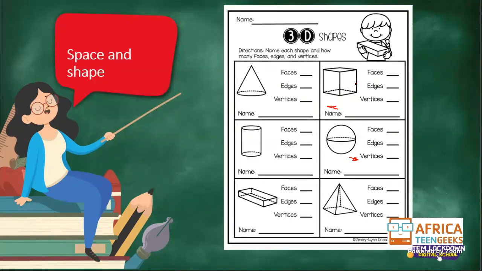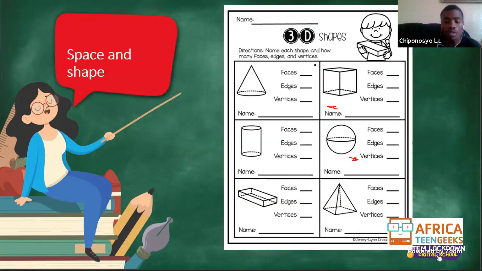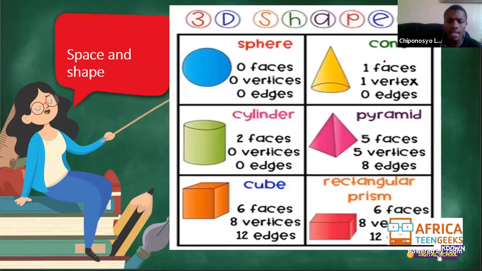Right. Let us go on, because I need to give you guys your homework. What we were looking at there was a cube. A cube has 6 faces, not 4 faces. Now, how do you know?